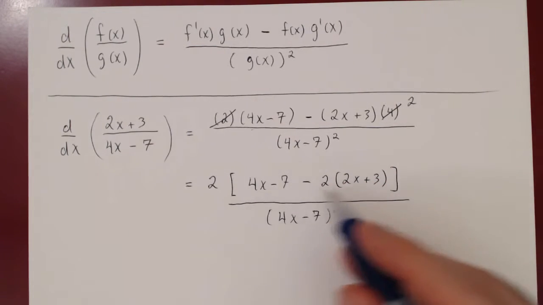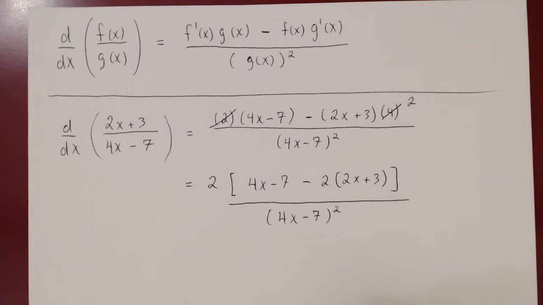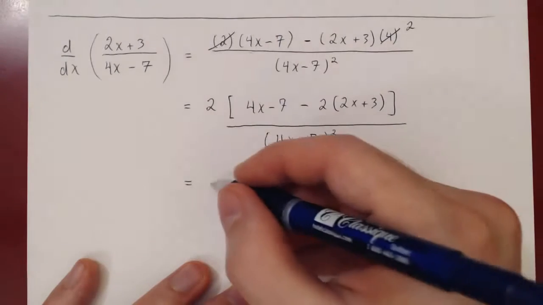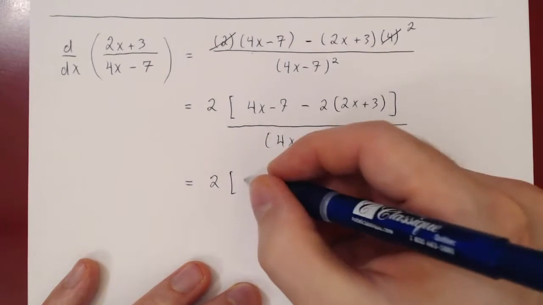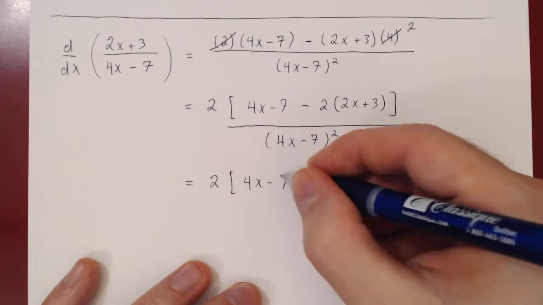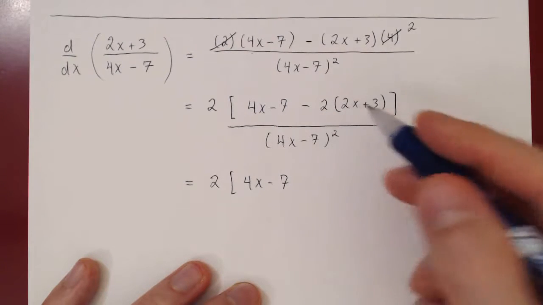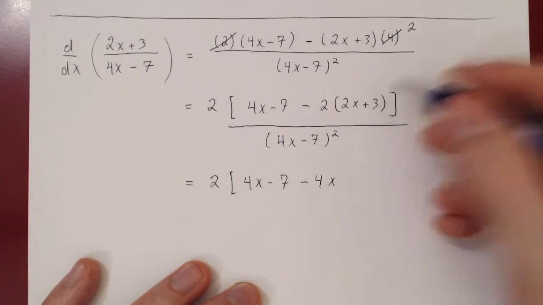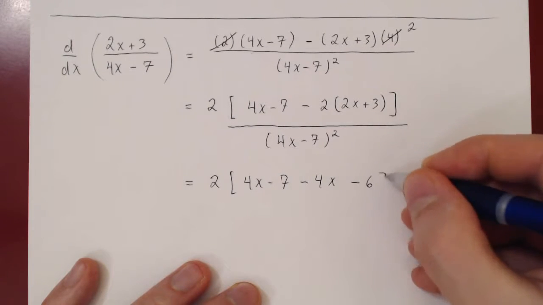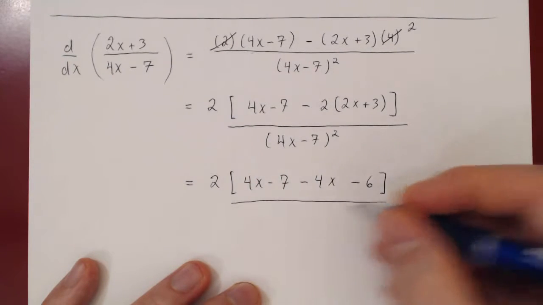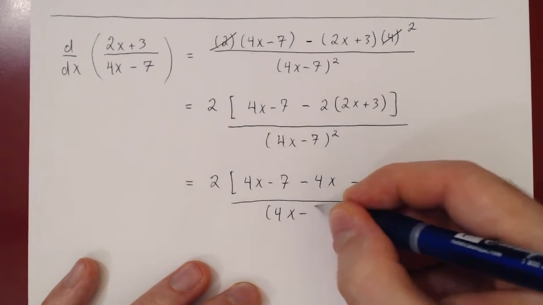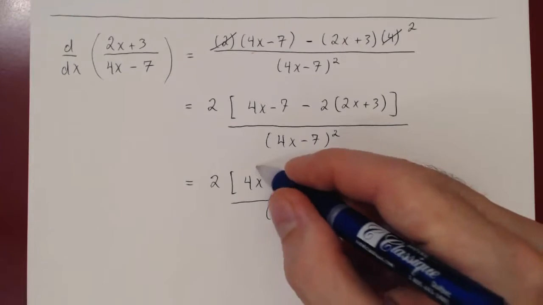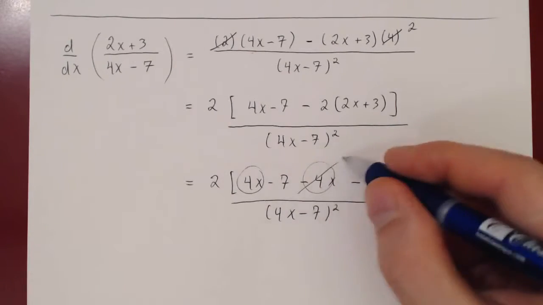And now we can multiply out and regroup similar powers of x and the constant terms. And let's see what we're left with. We have a 2 times 4x minus 7. Negative 2 times 2x is negative 4x. Negative 2 times positive 3 is negative 6. All over 4x minus 7 squared. And if you notice, we have 4x minus 4x.